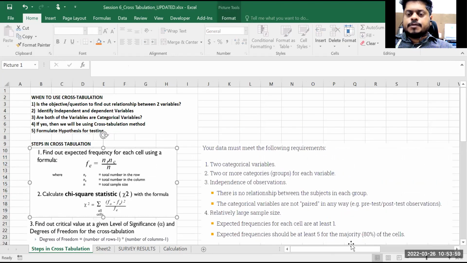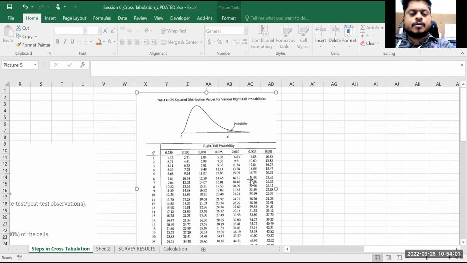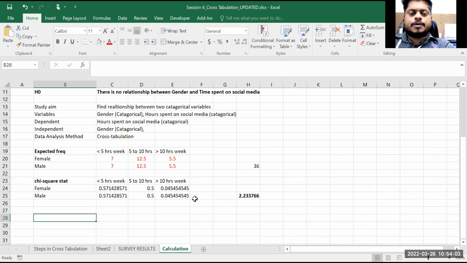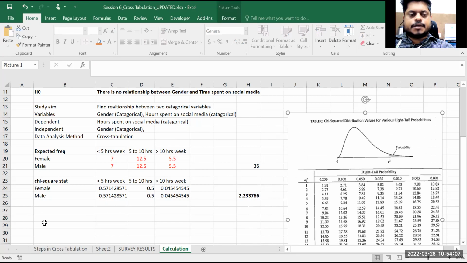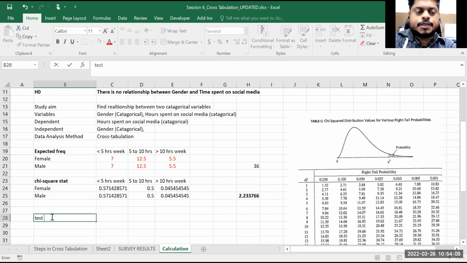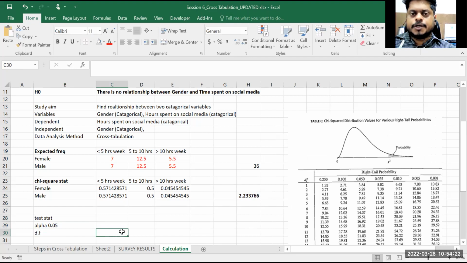So once we have this information, we have to find out our test statistics. As you know, you need two pieces of information. One is alpha, which is 0.05, then your degrees of freedom. In a chi-square test on a cross tabulation, your degrees of freedom will be rows minus 1, multiplied by columns minus 1.